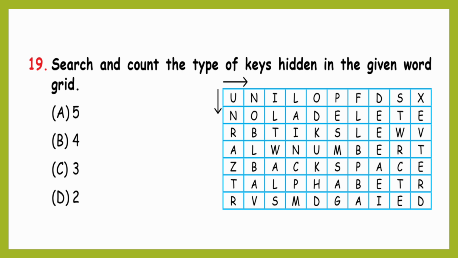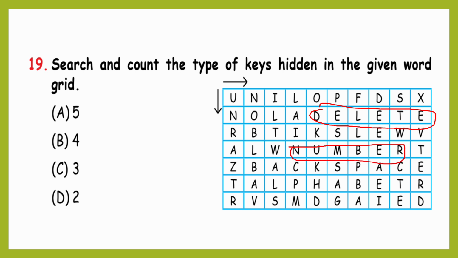Search and count the type of keys hidden in the given word grid. See, we will check the hidden keys here. See, delete, D-E-L-E-T-E, delete. Then we have number, N-U-M-B-E-R, number.